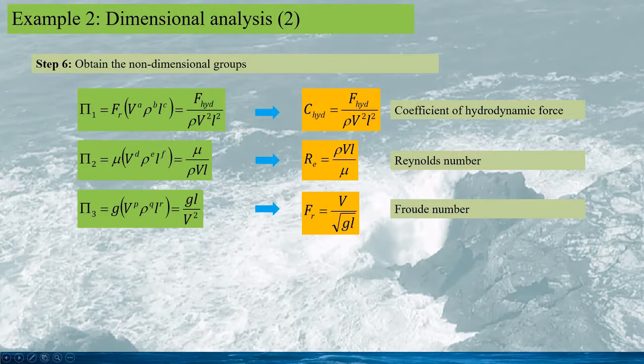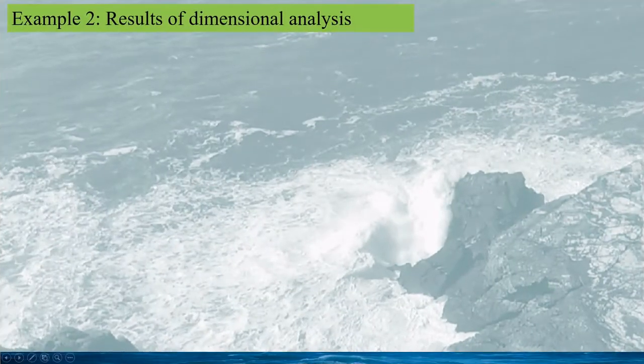And for the third non-dimensional parameter, the corresponding useful non-dimensional number is the Froude number, calculated like this. So, for the hydrodynamic force for the floating structure, after the dimensional analysis, the coefficient of the hydrodynamic force can be expressed as a function of Reynolds number and Froude number.